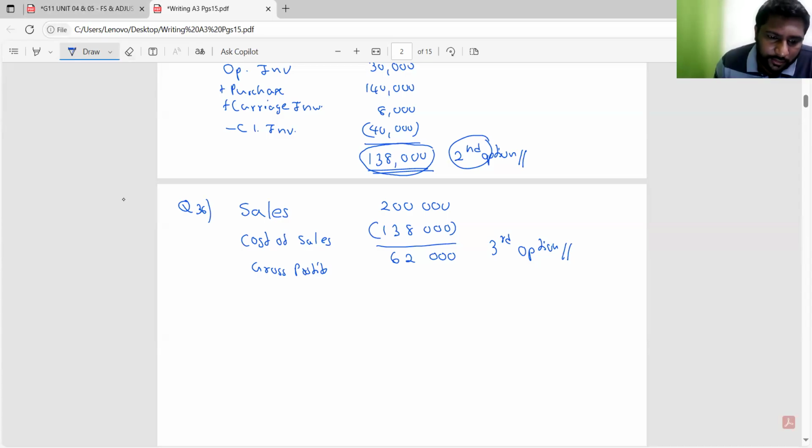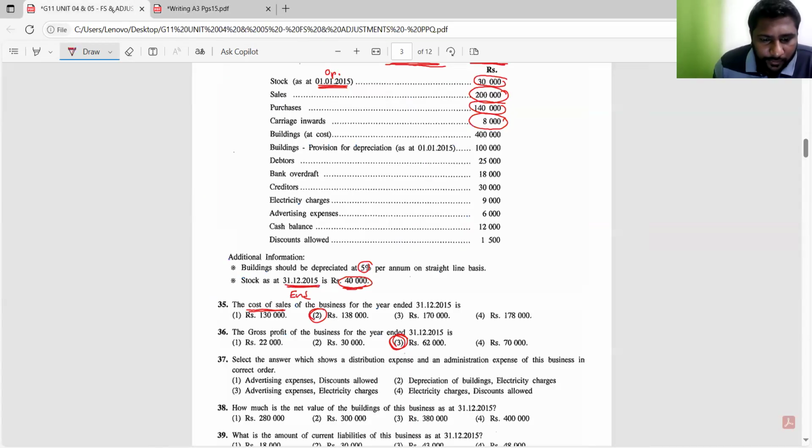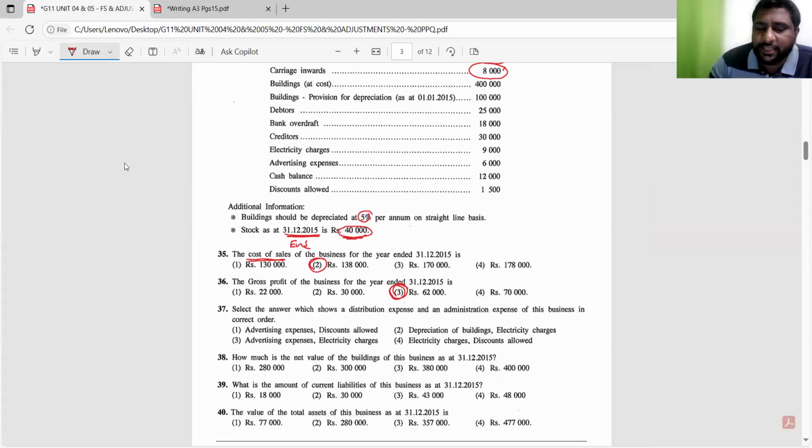Next one. Question 37. Select the answer which shows the distribution expense and admin expense of this business in correct order. Under distribution expenses, we studied sales promotion expenses, distribution delivery expenses, and customer related expenses.